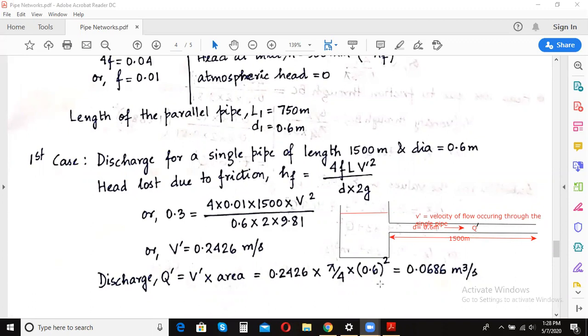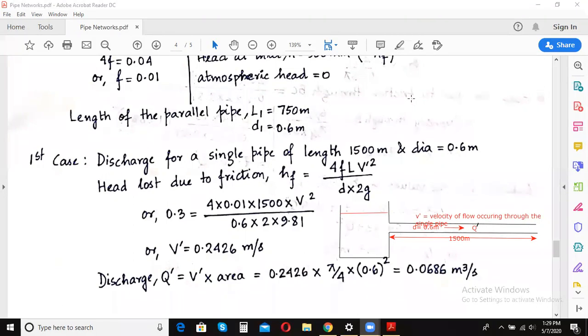So the discharge through this single pipe of diameter 0.6 meters and length 1500 meters is 0.0686 meter cube. Done. Now the next portion, we have to calculate the discharge that is occurring through an arrangement of pipes which includes a parallel pipe.